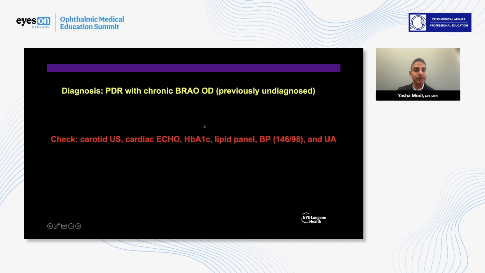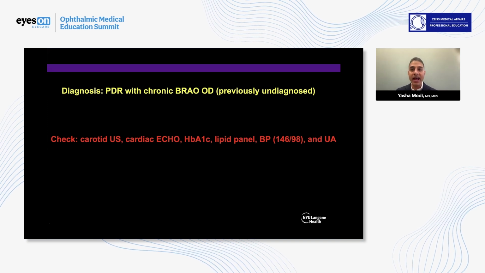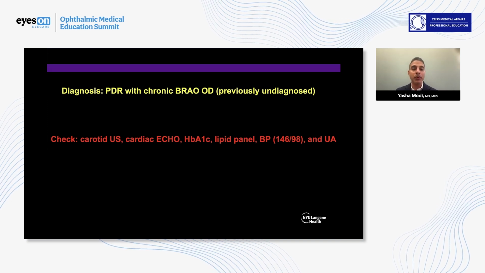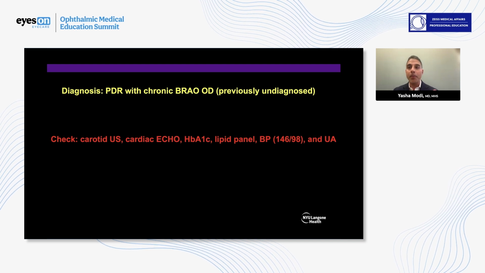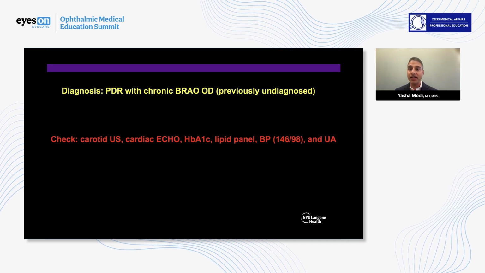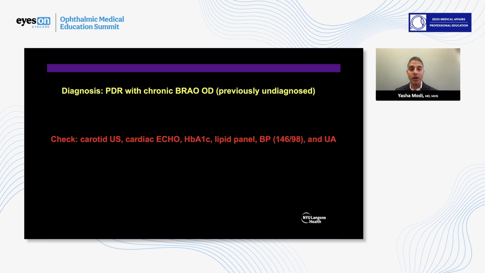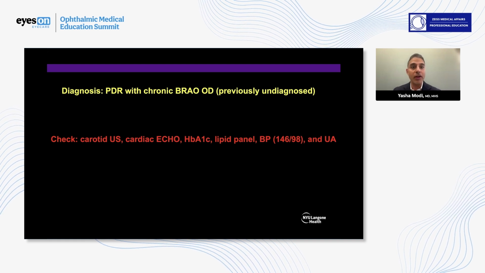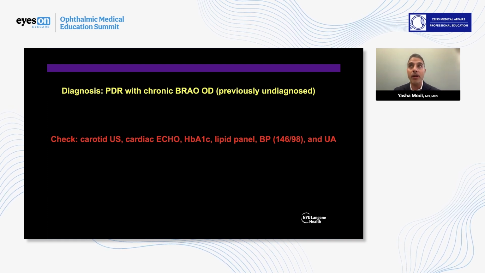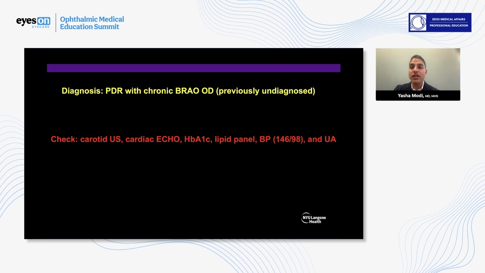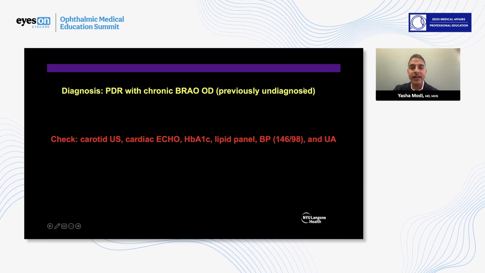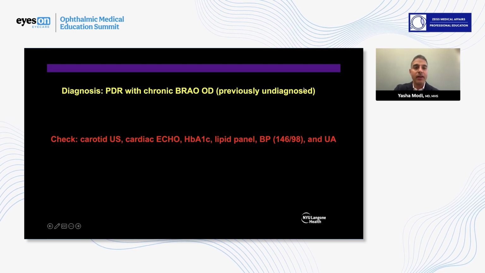At this point, I said, this is problematic. Naturally, individuals with severe diabetic retinopathy are more prone to developing heart attack and stroke. So I said, we need to check a carotid ultrasound, cardiac echo, hemoglobin A1C, and lipid panels. I checked her blood pressure in clinic, which was elevated, and also a UA.